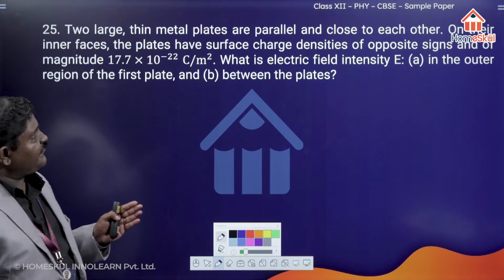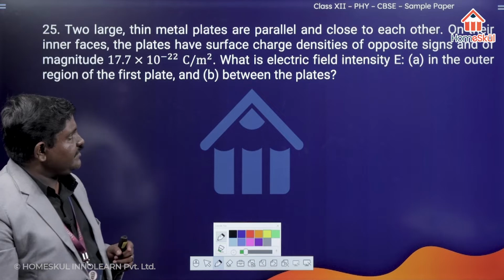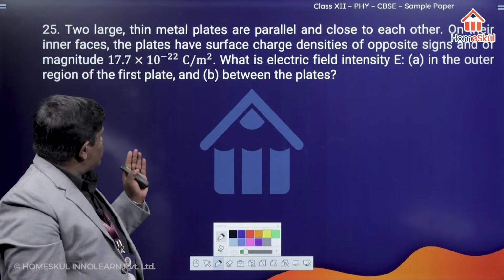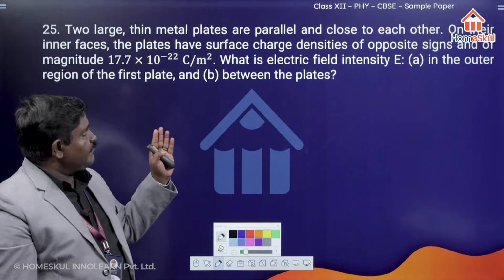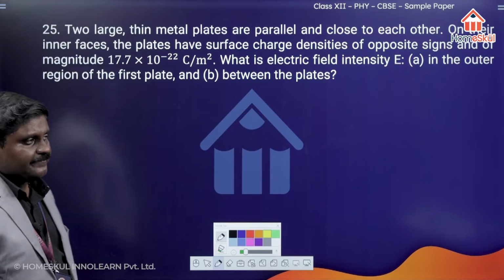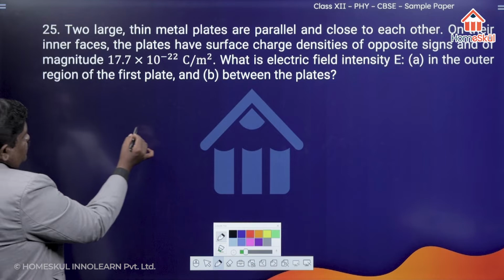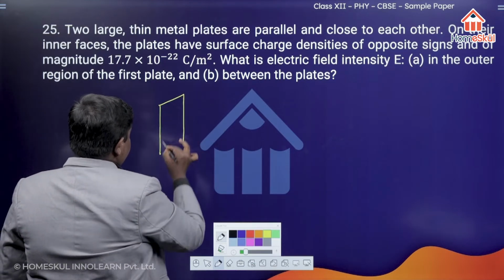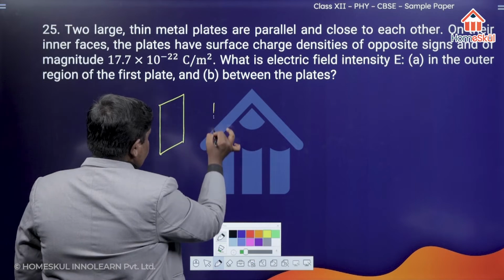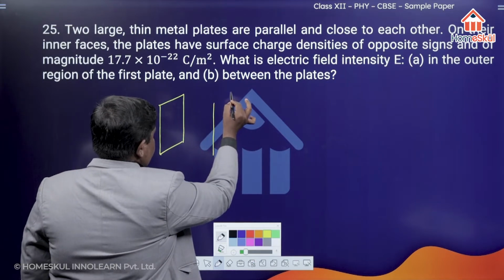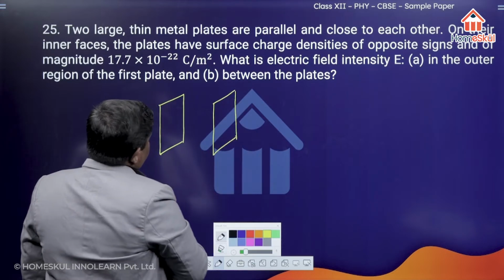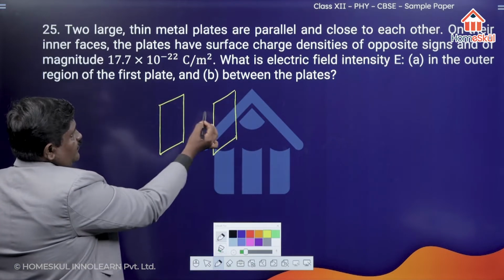What is the electric field intensity E, first, in the outer region of the first plate, and second, between the plates? First of all we have to draw the diagram. There are two plates, plate 1 and plate 2.